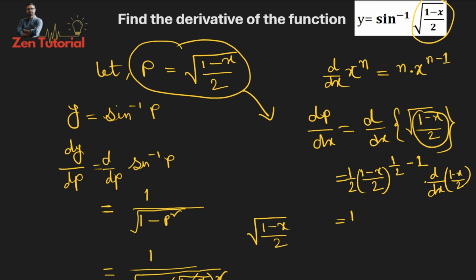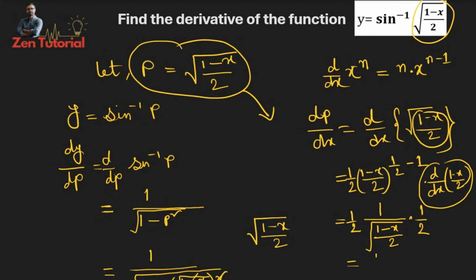Here half, and you can write down 1 over square root of 1 minus x over 2, dot what we have got from here, this is half, so it will only be half from this part, right?